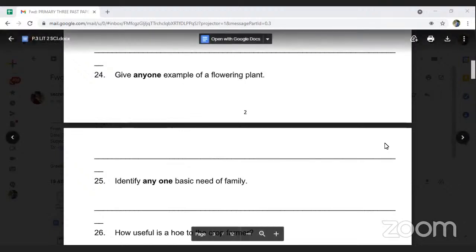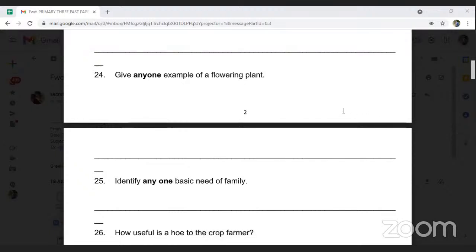Maybe before we move any further, allow me to ask Raphael to define for us flowering plants. What is a flowering plant, Raphael? A flowering plant is a plant that bears flowers. Come again.